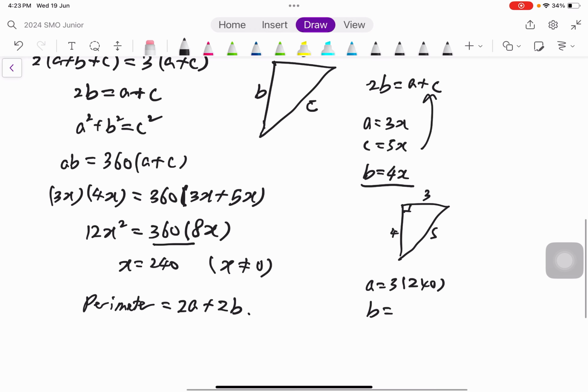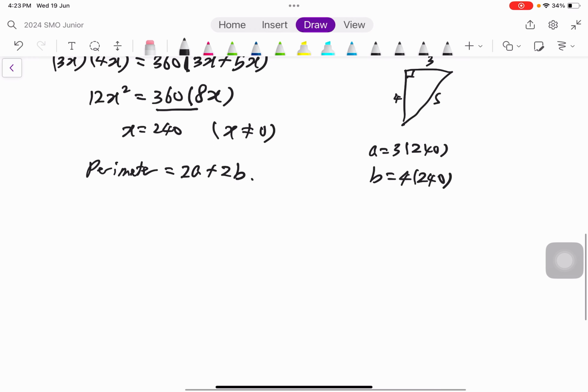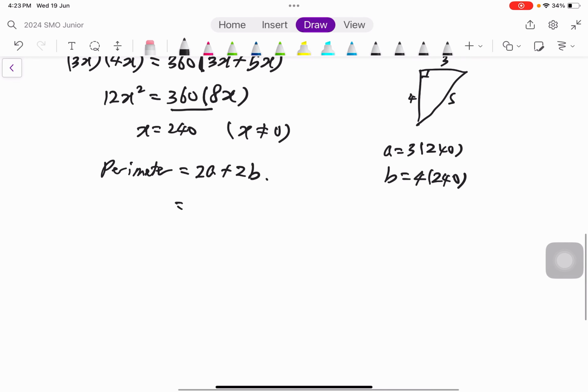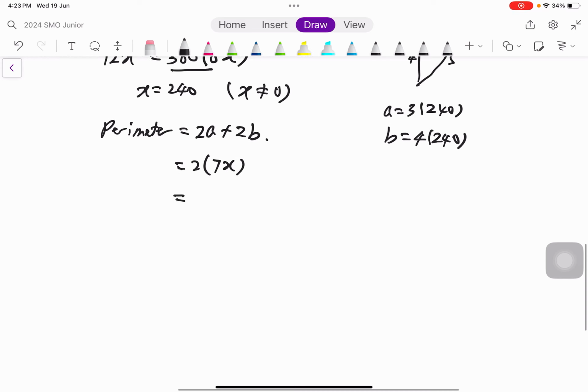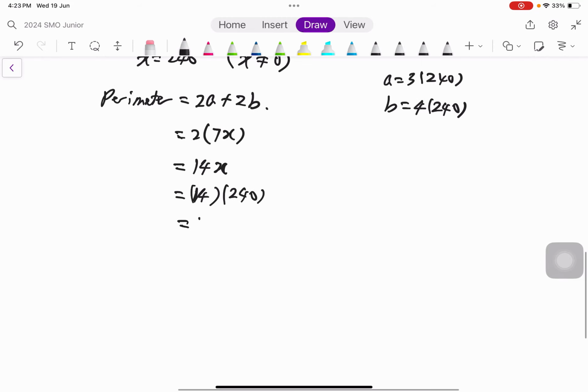And my B is 4 times 240. All right. Therefore, in this case, can you see that that will be 2 times 7x. Right. Therefore, in this case, that will be 14x. All right. And then that will be just 14 multiplied by 240. All right. And in this case, the answer is 3360. That's it.